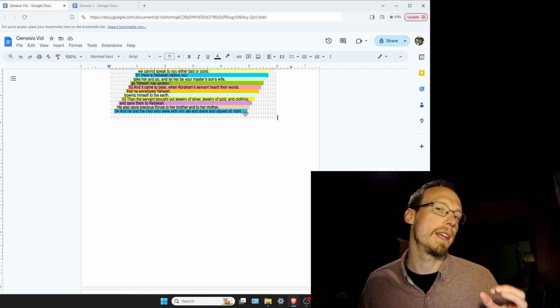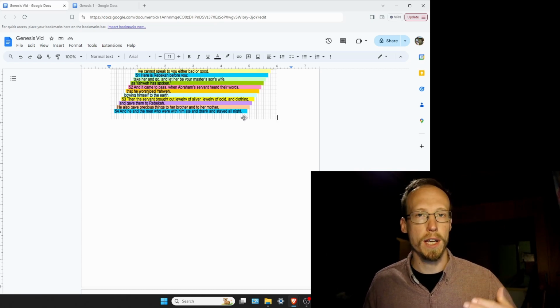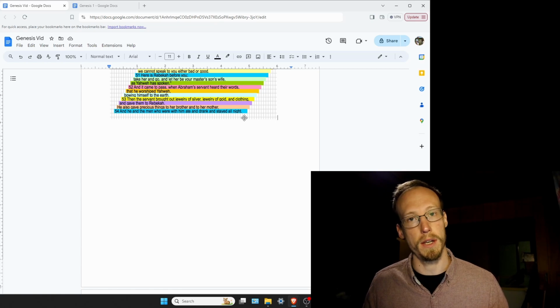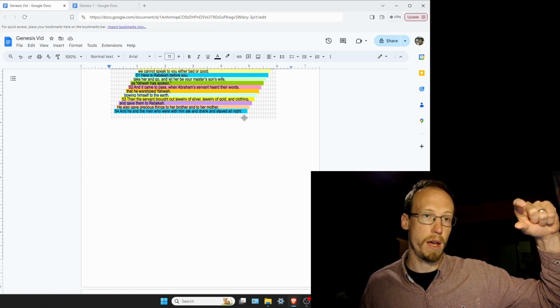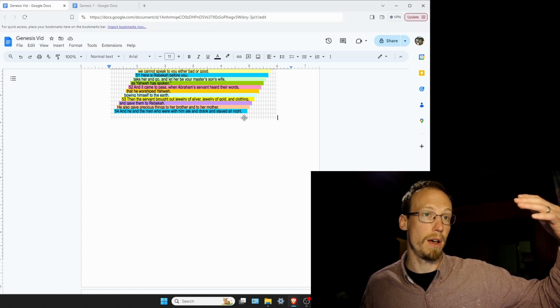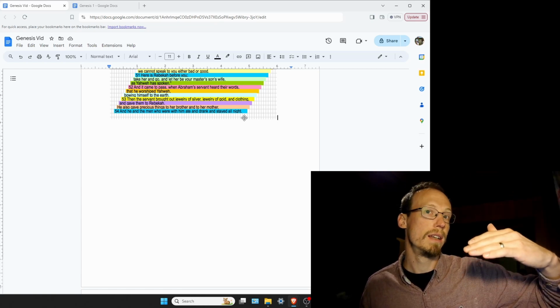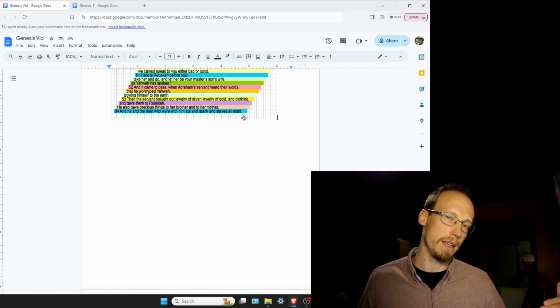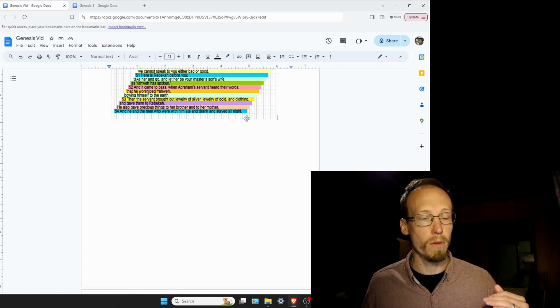So Genesis has these chiastic structures on top of the sevens that we discussed, on top of the pattern of ABC, ABC. Now we're going to have patterns of ABCDE, DCBA, and this is going to be overlapping.